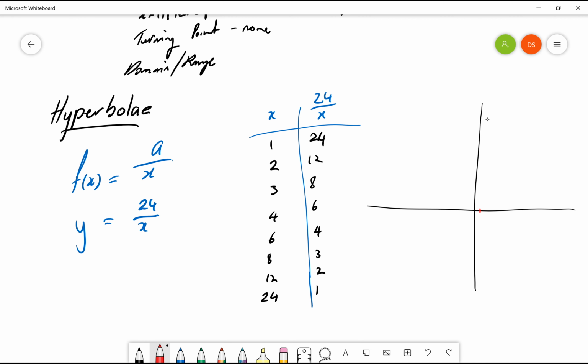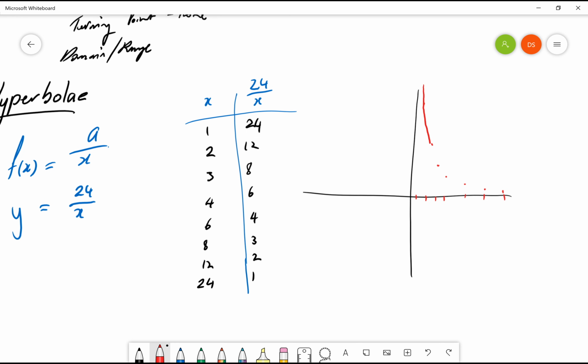So (1, 24), (2, 12), (3, 8), (4, 6), and (6, 4). And then (8, 3) and (12, 2).